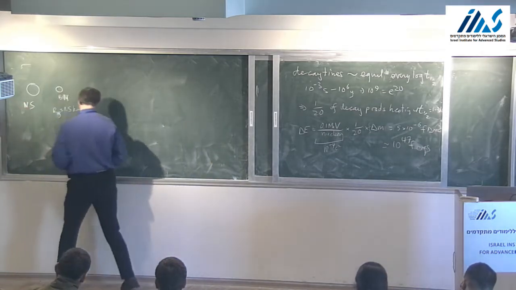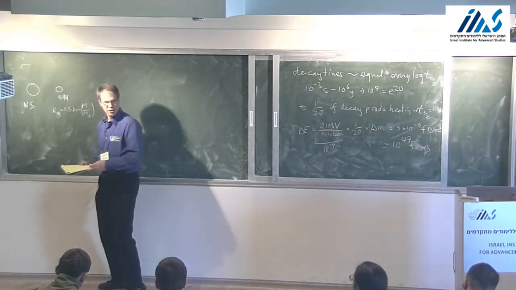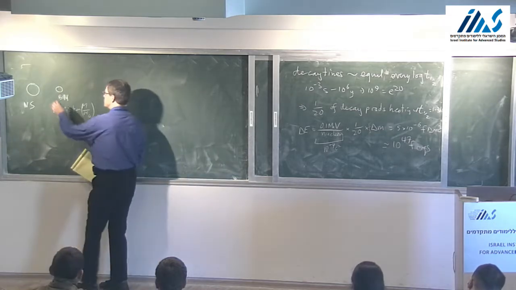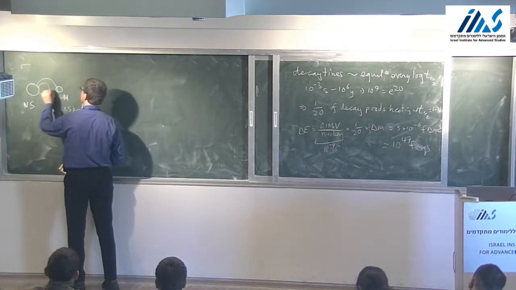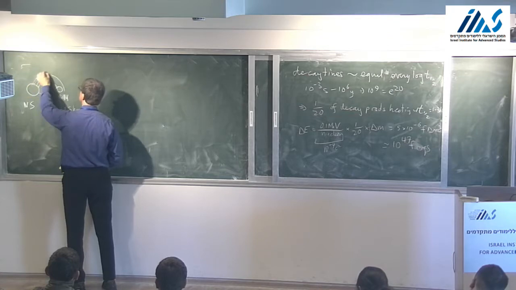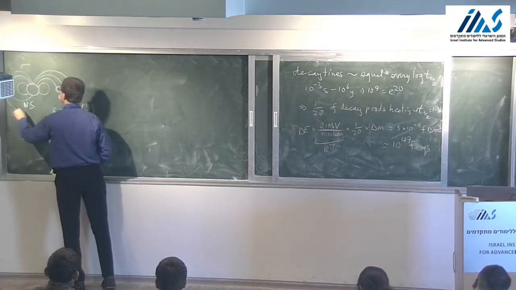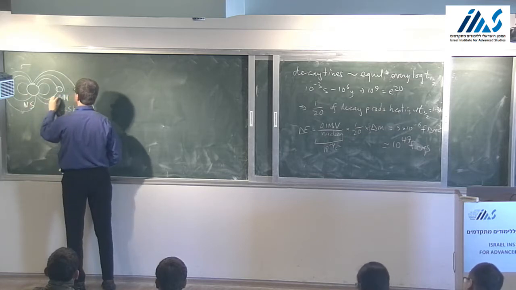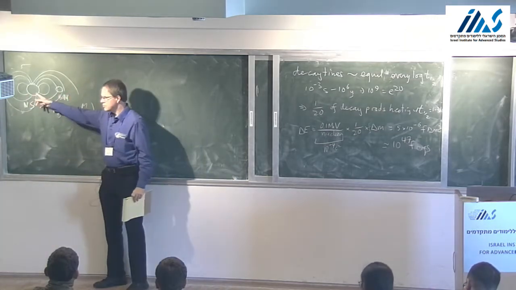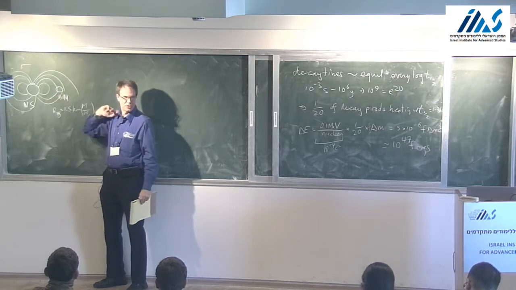So here's the neutron star, and let's imagine that the neutron star is magnetized. So it has, let's say, a dipole field. Okay, so there's some field lines which are coupling the neutron star to the horizon of the black hole.